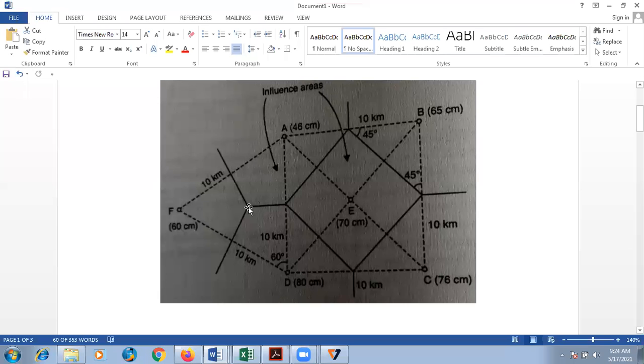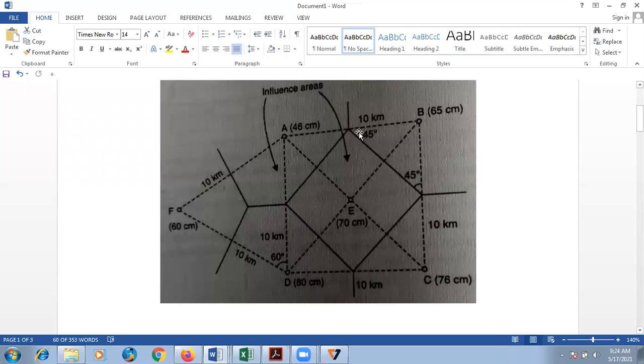Similarly, the various other locations where perpendicular bisectors meet are, this is another location. You have one more location here, one more, and one more. So these are the locations where all perpendicular bisectors would meet. Now, the next step is to decide which polygon corresponds to which rain gauge station.